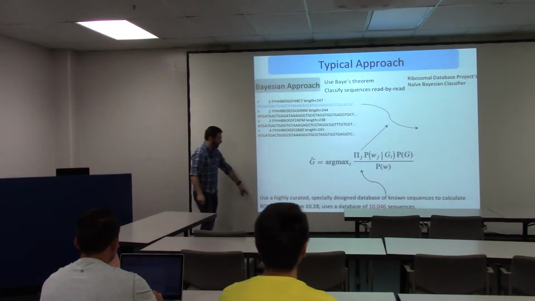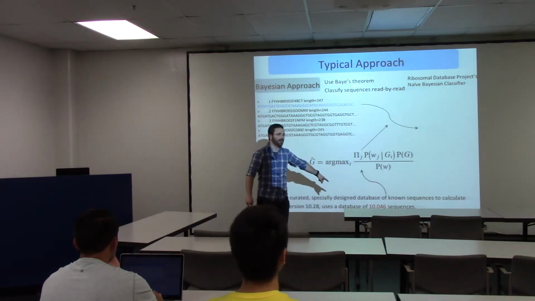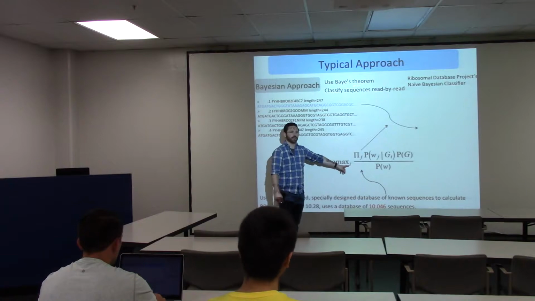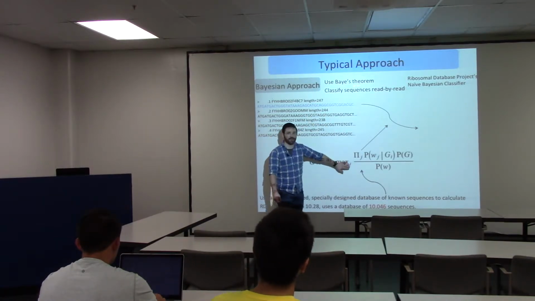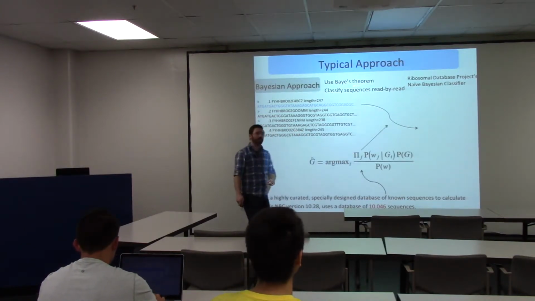RDP's NBC uses a database of about 10,000 sequences. So this i right here ranges over 10,000 sequences. So you can classify this one sequence to 10,000 different possibilities, or 10,046, based on maximizing probabilities of k-mer counts matching.